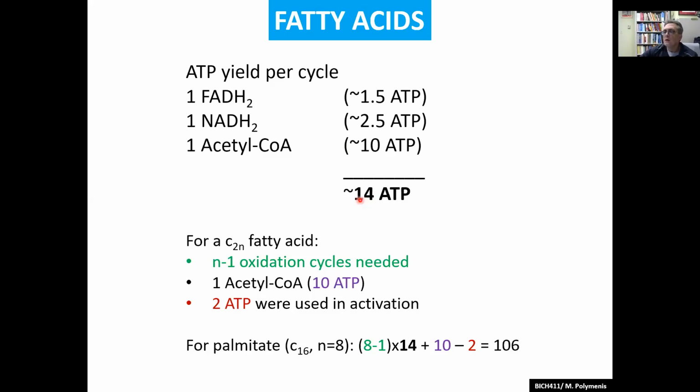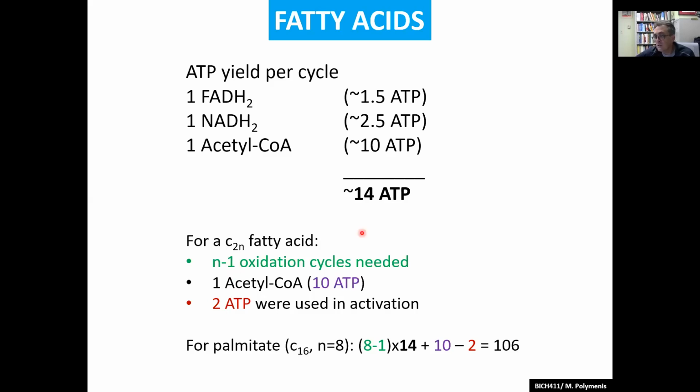So if you have an even number fatty acid with n carbons, whatever number of carbons, you have to ask how many oxidation cycles do I need? Depending on how long it is, minus 1 cycle, because the last 2 carbons just come out as acetyl CoA. For that one acetyl CoA, you add 10 ATPs. So you have n minus 1 oxidation cycles.